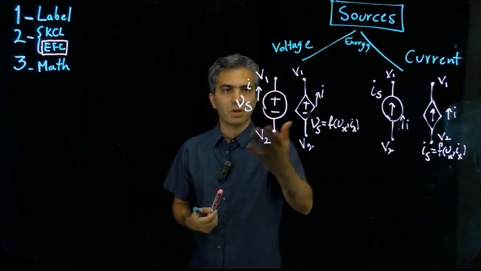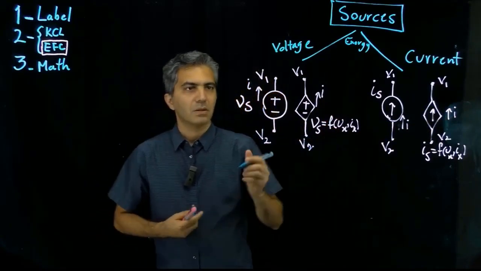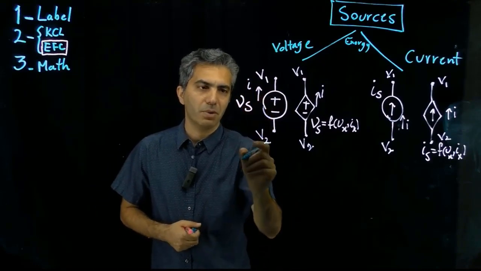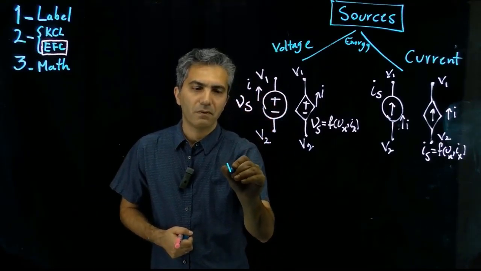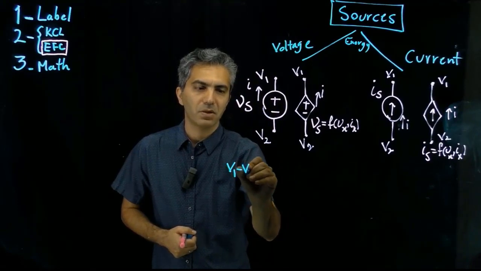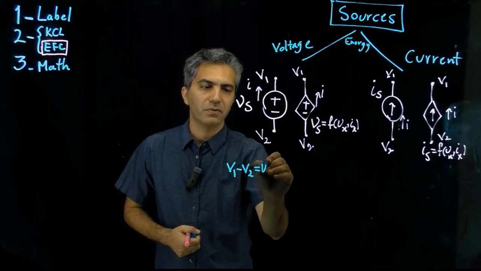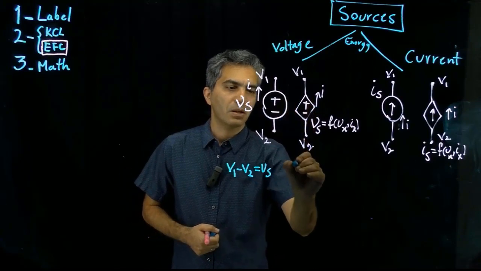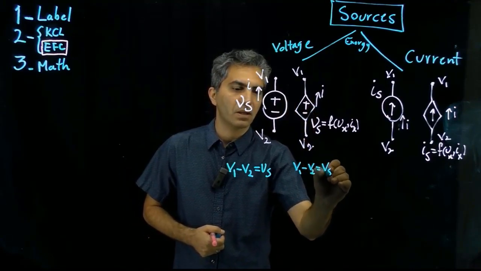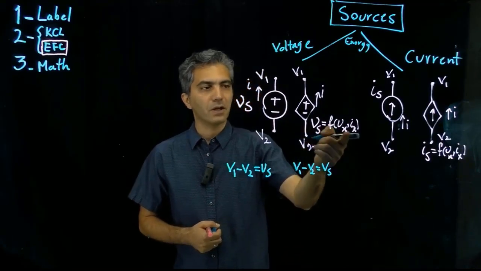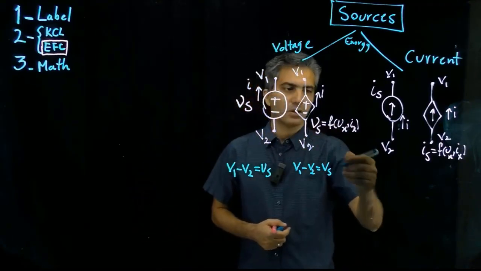Now, if I want to write equations for any of these, the equation for this component, for the independent voltage source, would be V1 minus V2 is equal to Vs. Same here, V1 minus V2 is equal to Vs. The only difference is that here Vs is a function of other voltages and currents in the circuit.